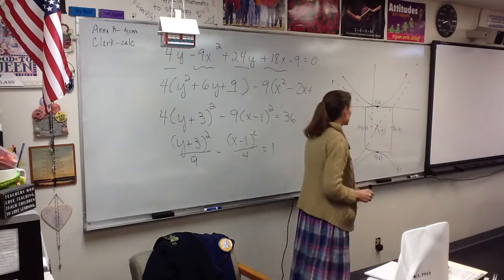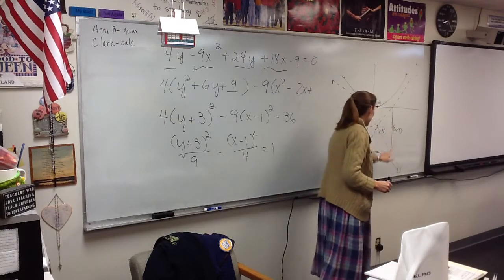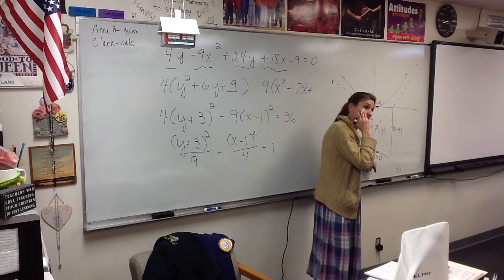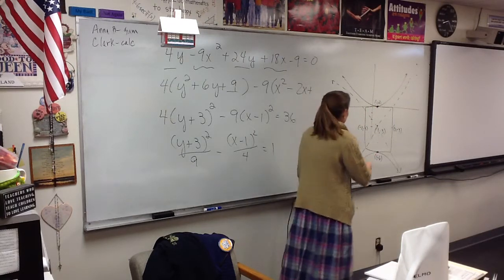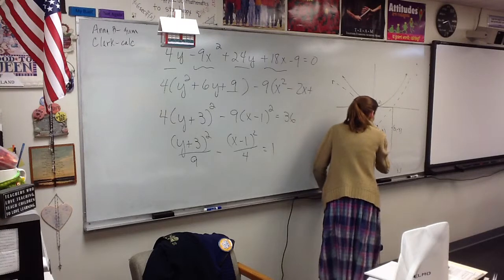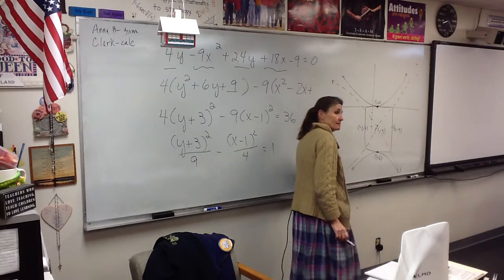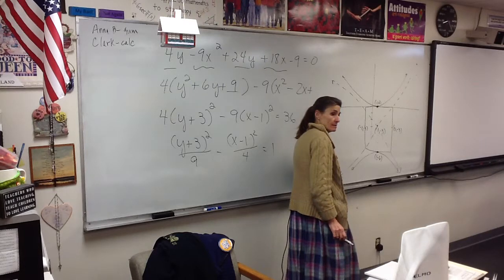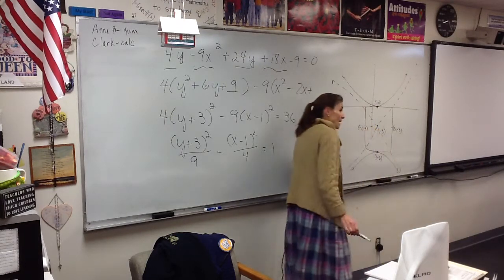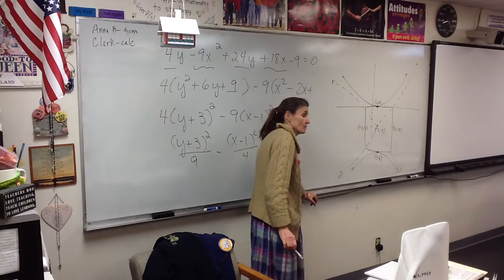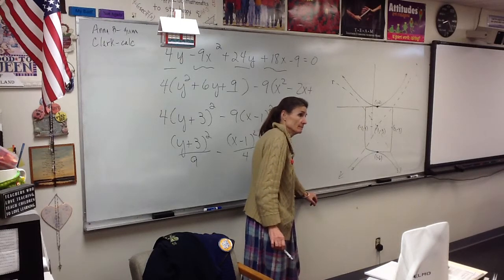What are your vertices? 1, 0, 1, -6. Those are your vertices. This then is your transverse axis. It is 6. And this is your conjugate axis, 4.